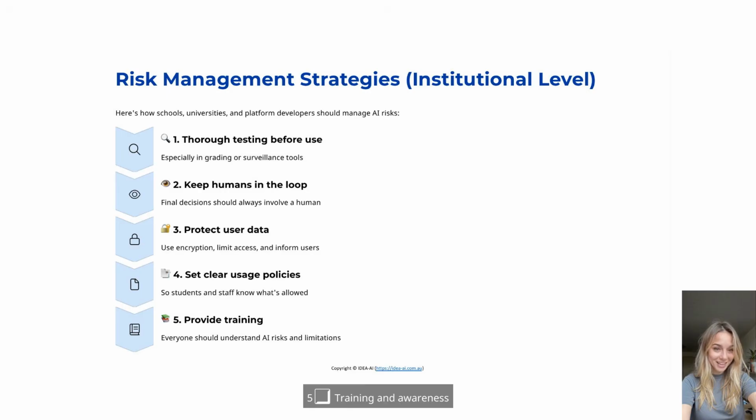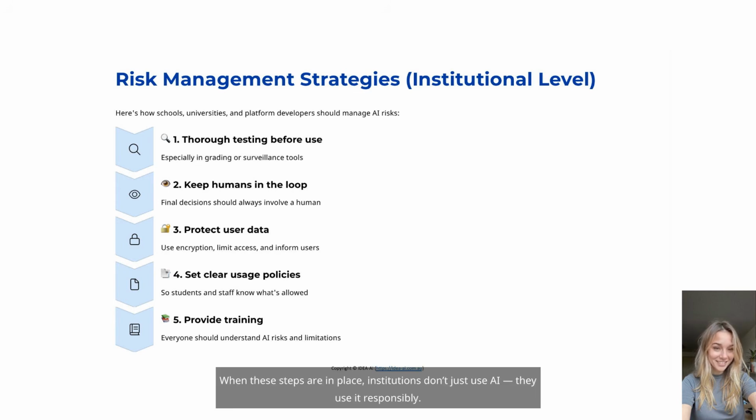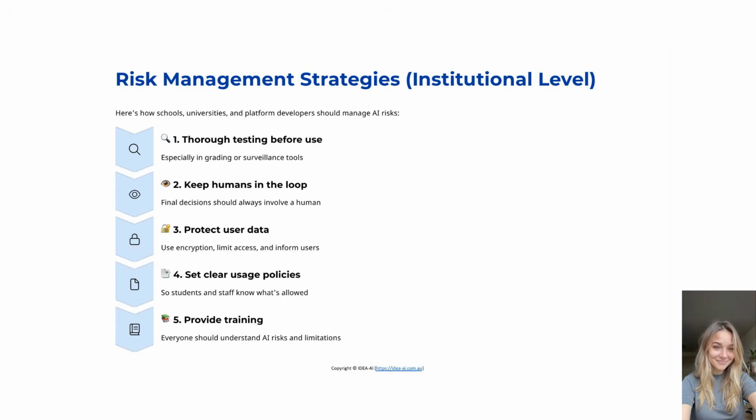Training and awareness. It's not enough to install AI tools. Institutions must educate users about risks, limitations, and ethical boundaries. When these steps are in place, institutions don't just use AI, they use it responsibly.